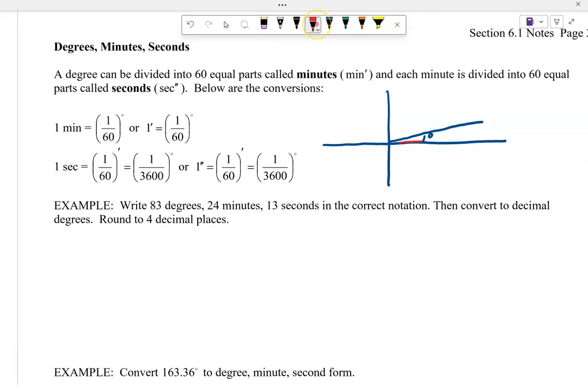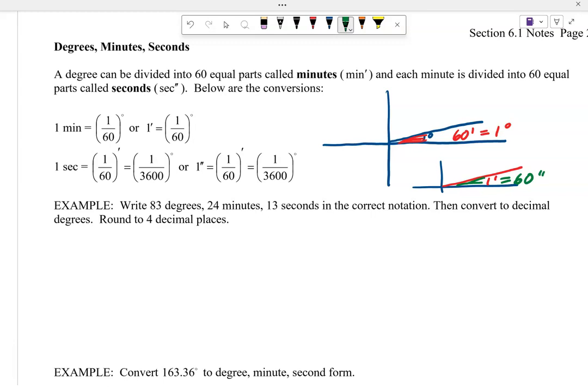And if I blow that up, 1 minute is made up of 60 seconds.